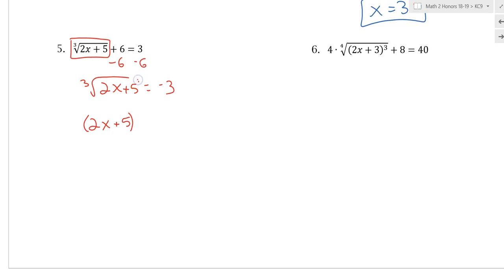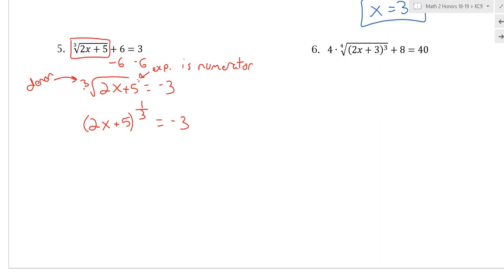There's no exponent, so that's just 1, and then that's my denominator. So 2x plus 5 to the 1 over 3 equals -3.